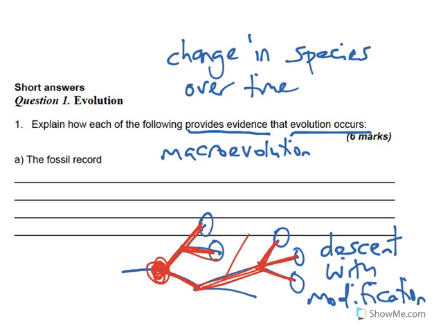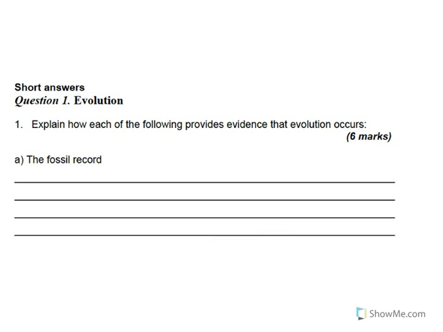There will be of course other species on this tree that we no longer see because they've gone extinct. What we simply see today is what has survived to the present time. Okay, so having said all of that, let's go back and figure out an answer to this question. How does the fossil record provide evidence that evolution occurs?